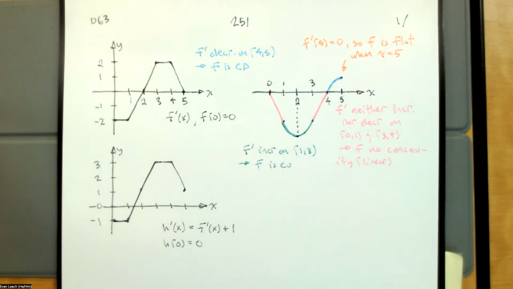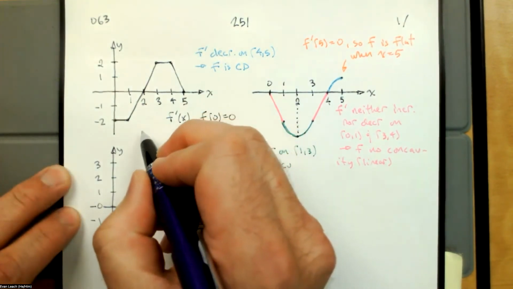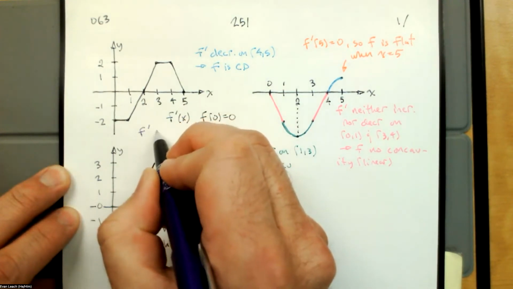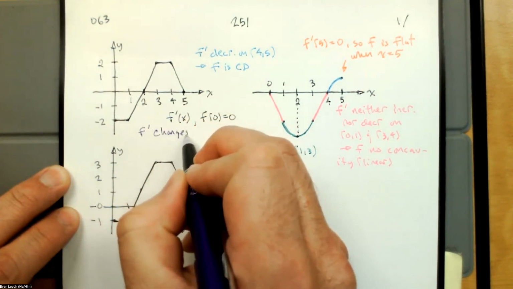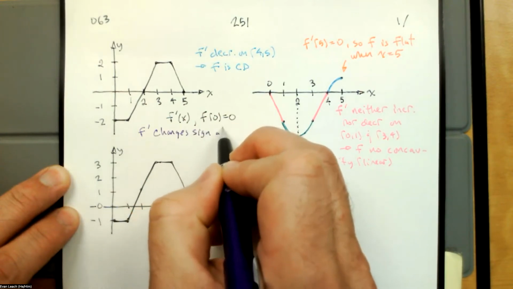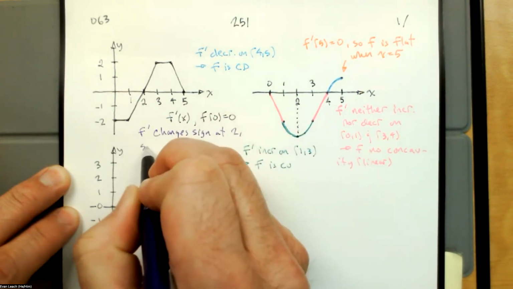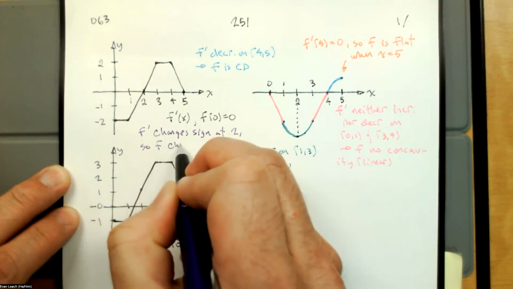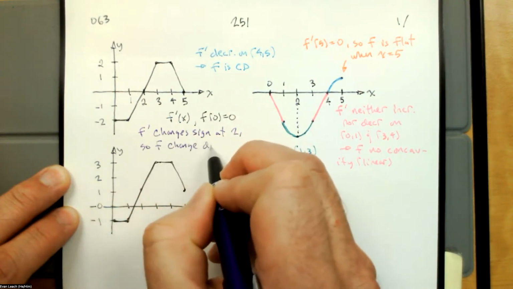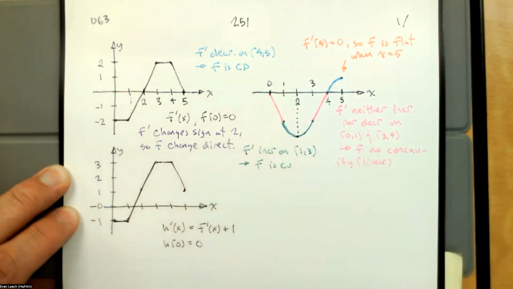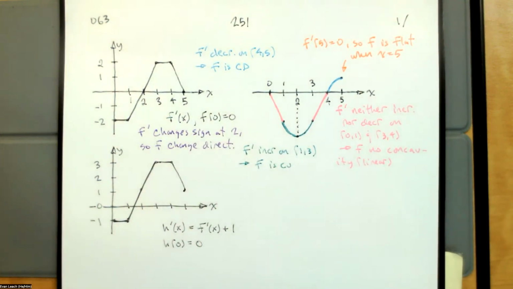So notice that the derivative changed sign at 2, and the function changed direction at 2. And so that gives us our nice complete graph.